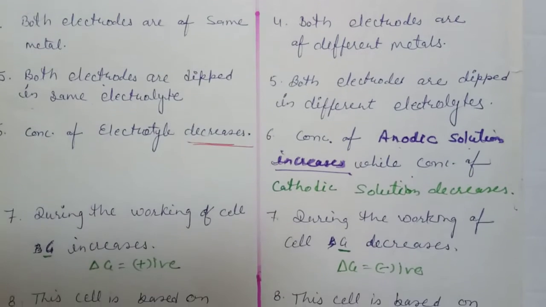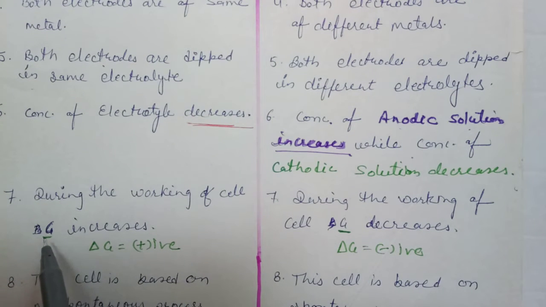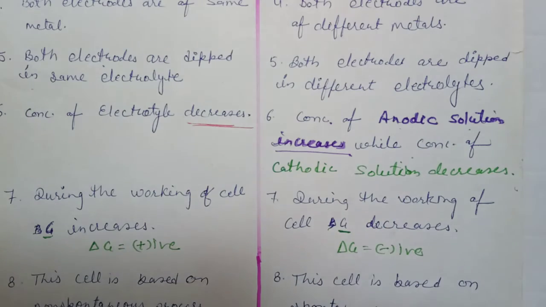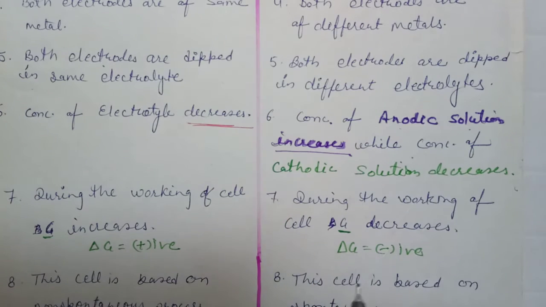Okay. Next, during the working of the cell, G means free energy, and in an electrolytic cell free energy increases continuously. Why? Because there is a continuous supply of current, meaning electrical energy is continuously given. So free energy increases, meaning delta G is positive. While in an electrochemical cell, as we complete the circuit, the current starts to flow by itself, meaning the work is done by the cell itself.